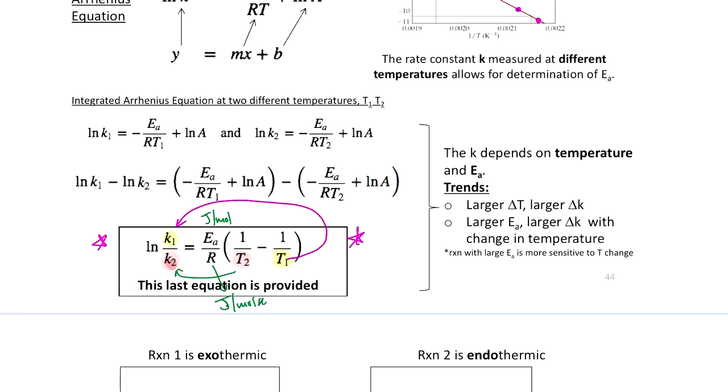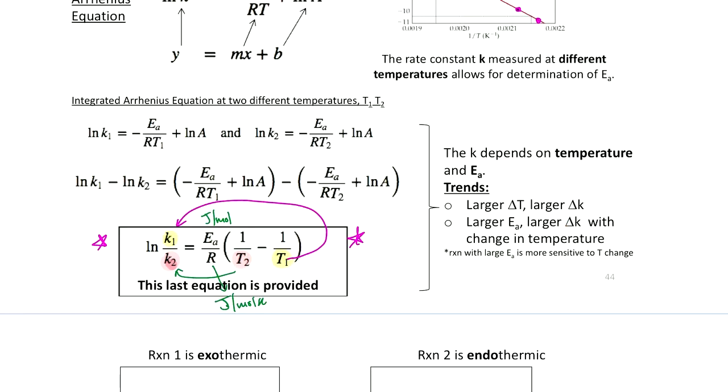Because if you increase the temperature of your reaction a lot, you should see a large change in your rate constant. All right. Another idea here is that the larger your activation energy, the larger your rate constant will change with temperature. This is how I like to describe it.